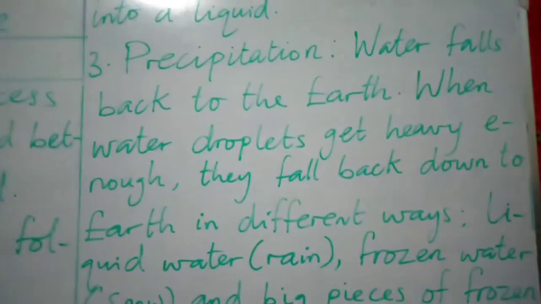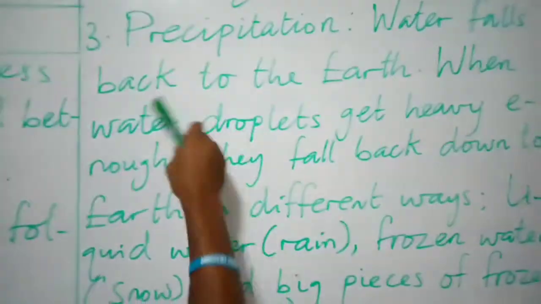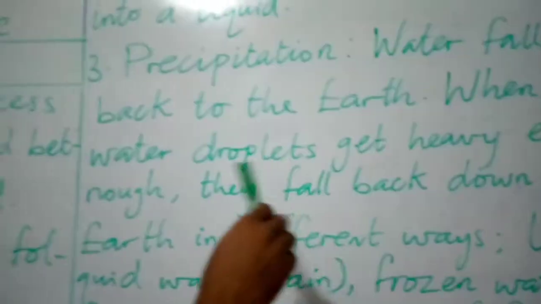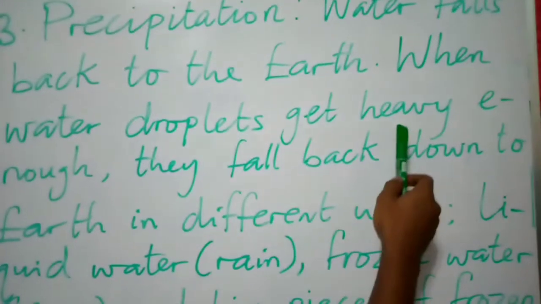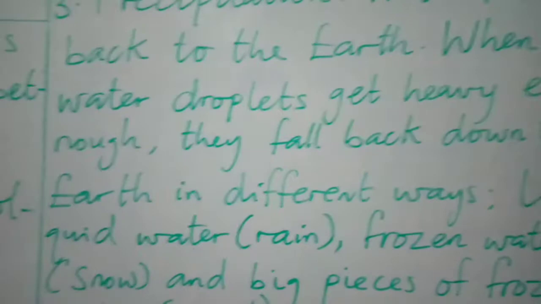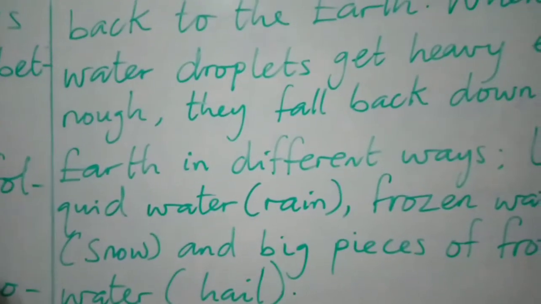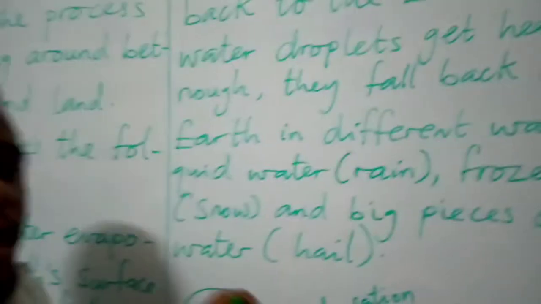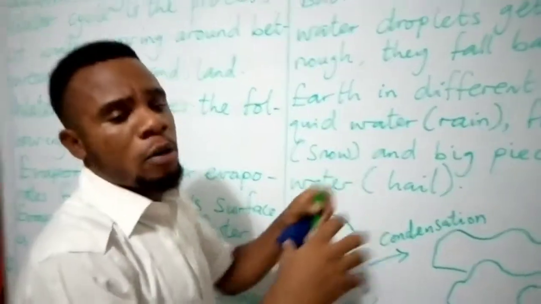Now with this we look at the third word, which is what? Precipitation. Precipitation, we have what? Water falls back to the earth. So when water droplets get heavy enough, they fall back down to earth in different ways. Now after condensation has taken place, the water gathers and starts forming cloud.